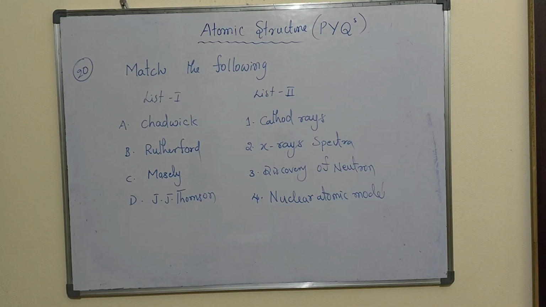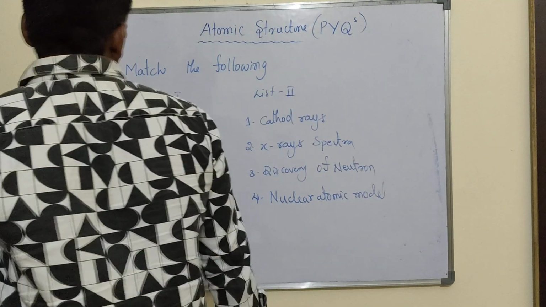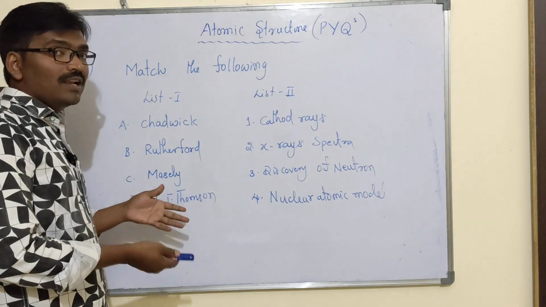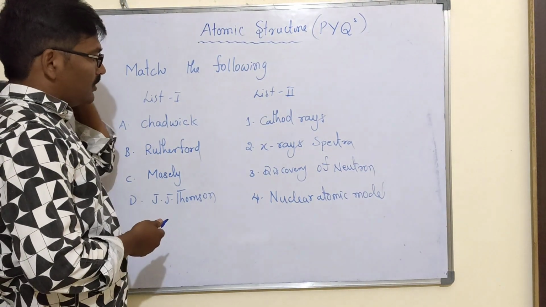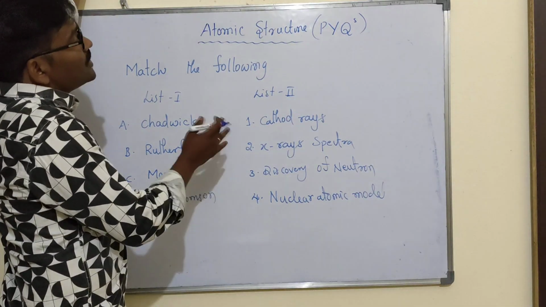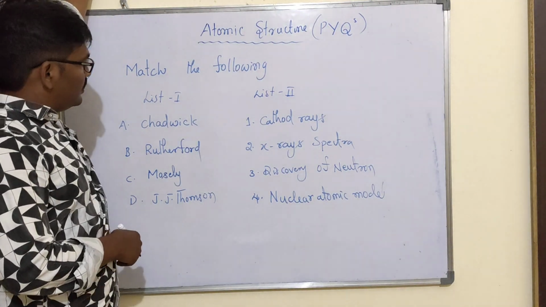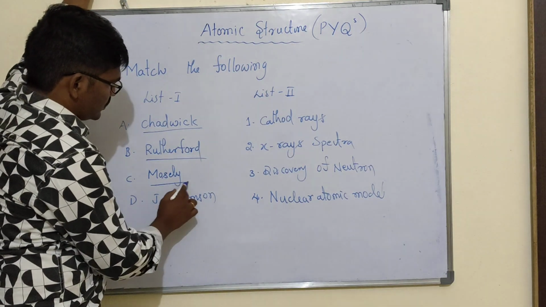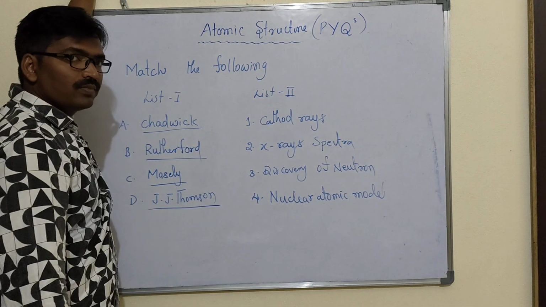Look at my dear students, here is a previous year question, also based on the scientists, in the structure of atom. So here first one, Chadwick, Rutherford, Moseley, J.J. Thomson.